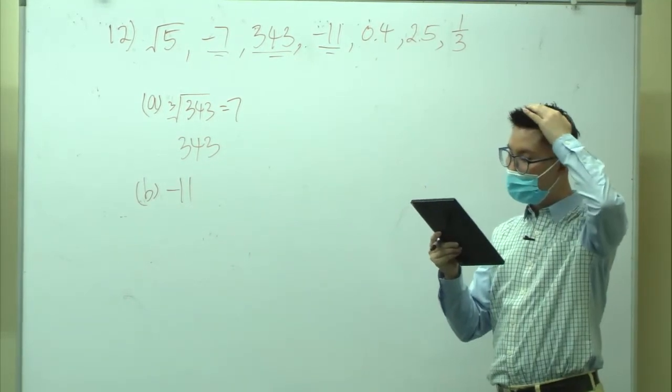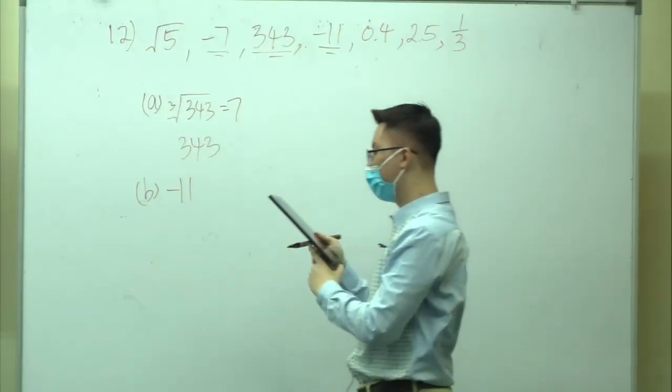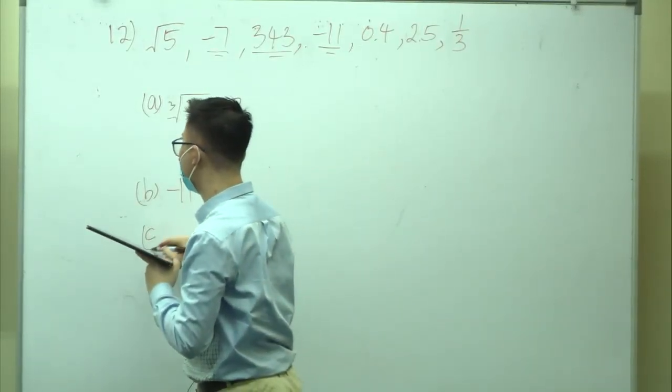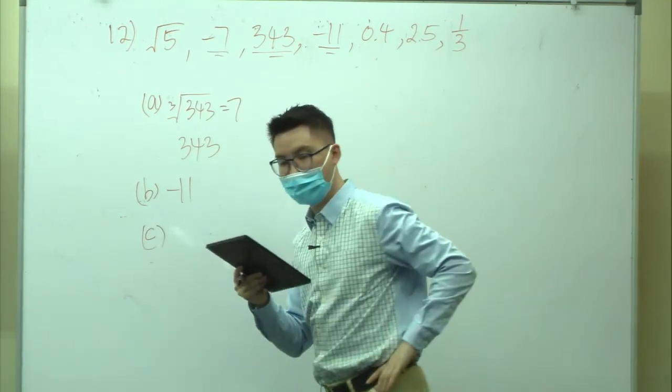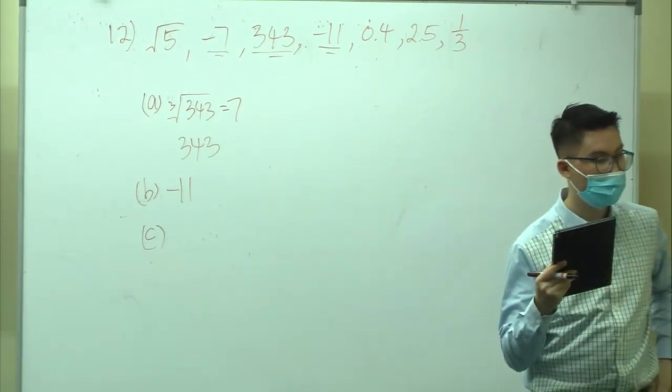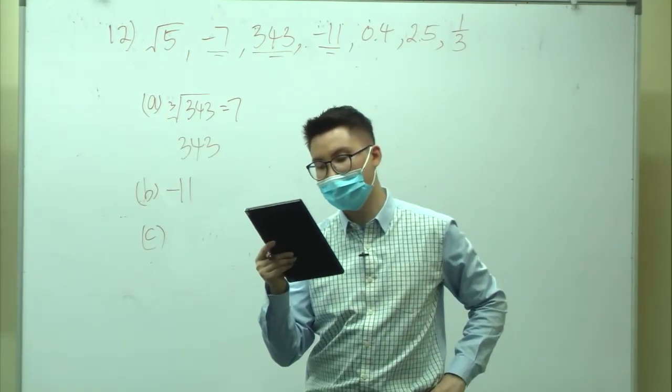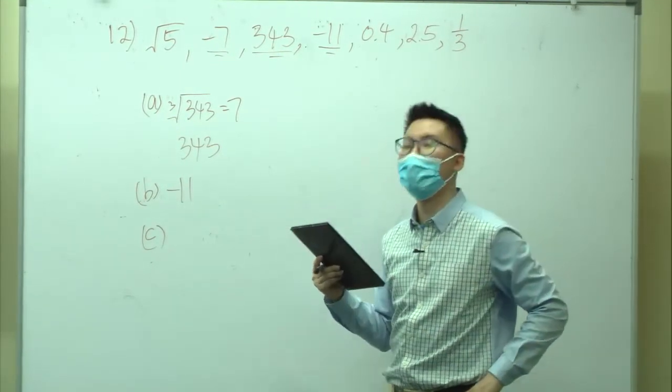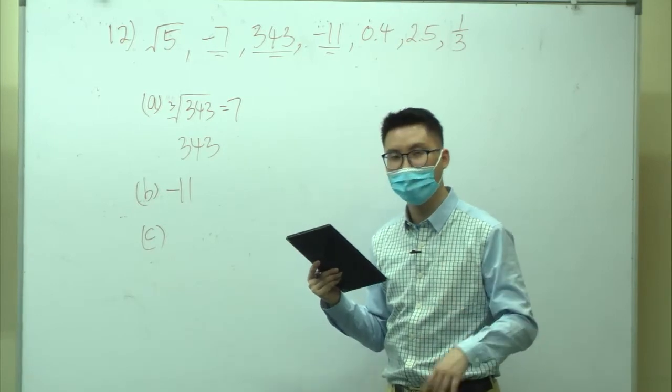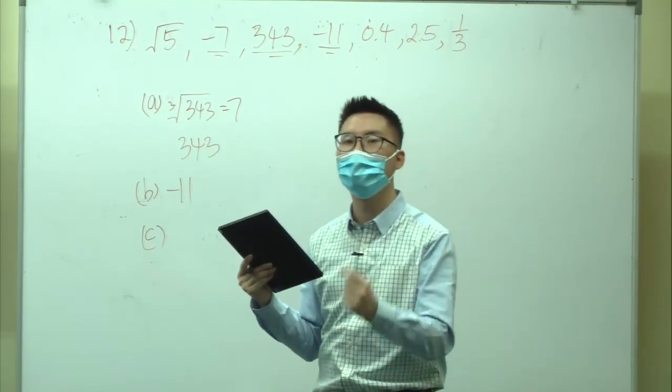Part C, a natural number. What do you mean by natural number? Natural number, in other words, is a counting number, the number that you can count.